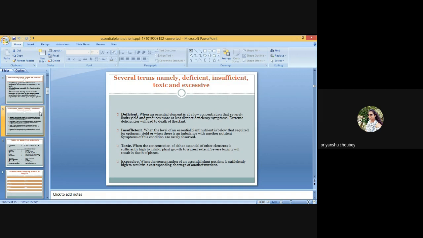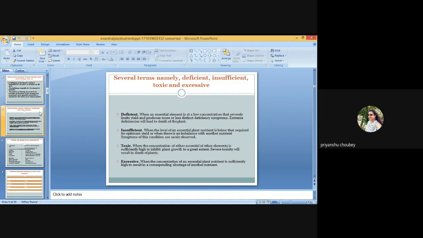Functions of nitrogen: it is an essential component of amino acids, proteins, nucleic acids, porphyrin, flavins, purines and pyrimidines, nucleotides, flavin nucleotides, enzymes, coenzymes, and alkaloids.